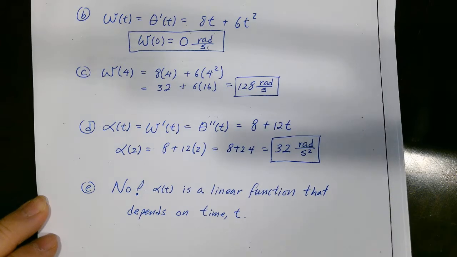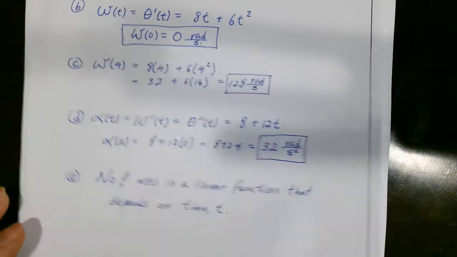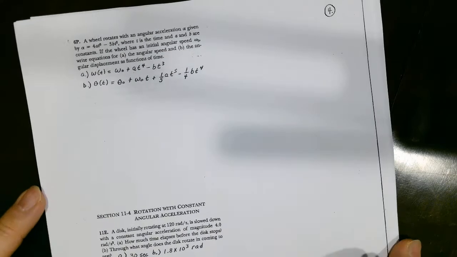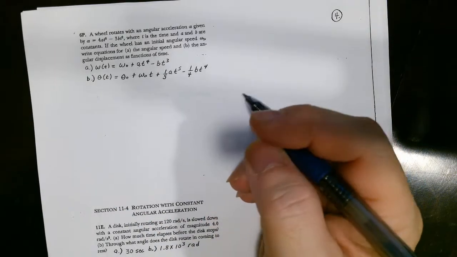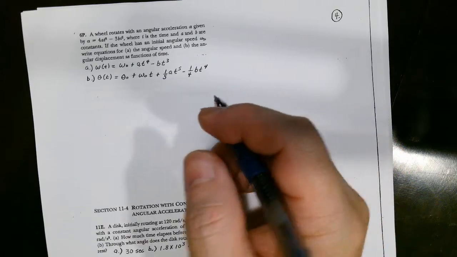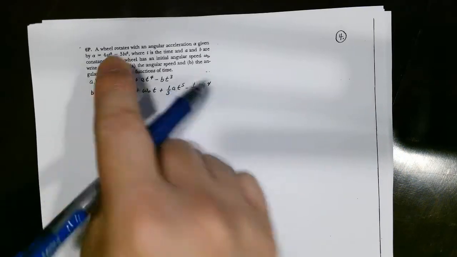So let's take a look at the next problem. Number 6 says a wheel rotates with an angular acceleration alpha, given by this, right?